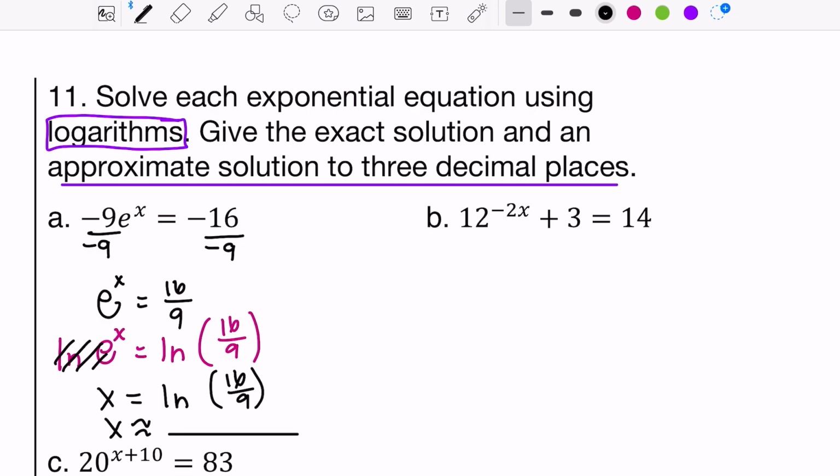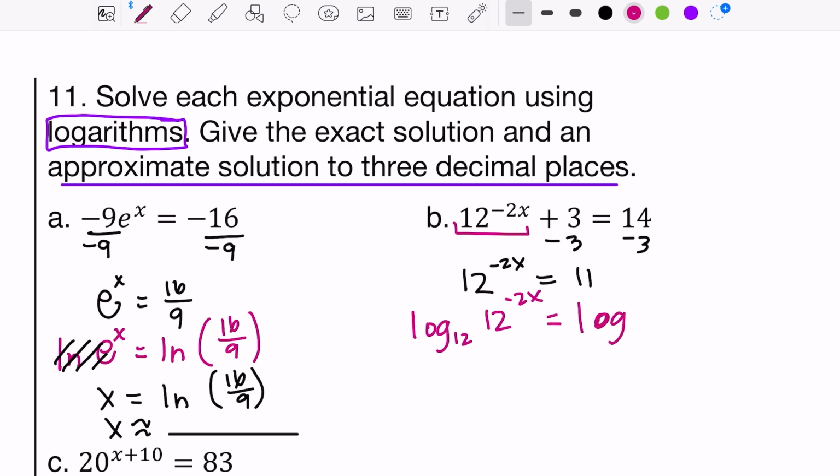Alrighty, next for b, we're going to first isolate the exponential. So that is that piece right there. So we're going to subtract 3 from both sides. 12 to the negative 2x equals 11. And then we're going to take a logarithm of both sides because the exponential is base 12. It only makes sense that we use a logarithm with that same base.